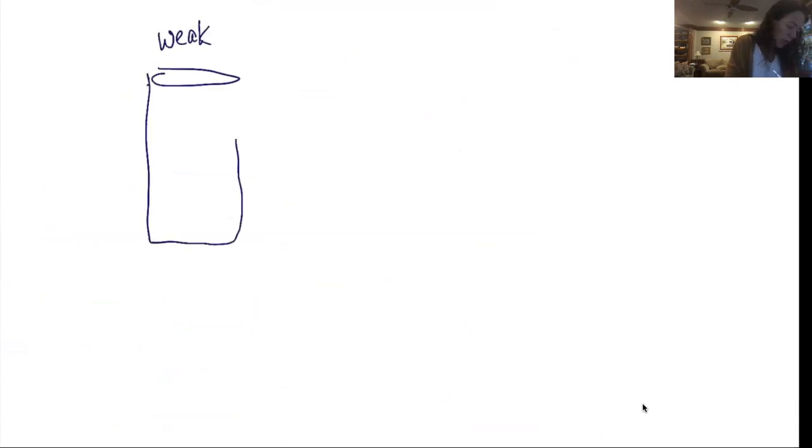Okay, and now I would draw my weak electrolyte, right? I'm not going to worry here about mole ratios. I'm just going to show, right? Let's say that we have HF, right? So I would have HF, HF, HF, and then maybe I'd have one H ion and one F ion.